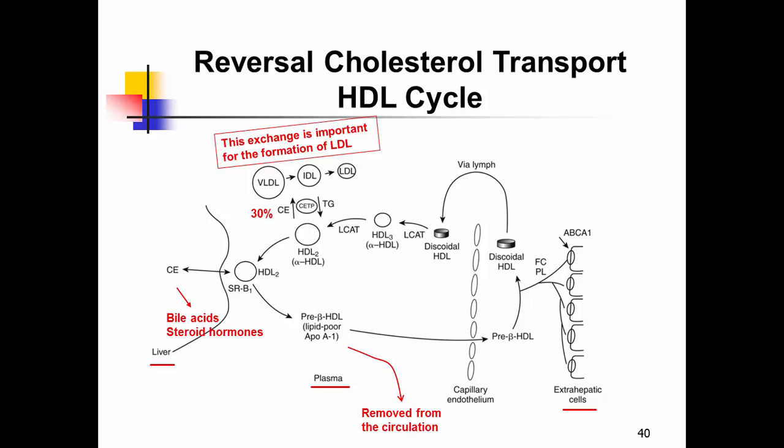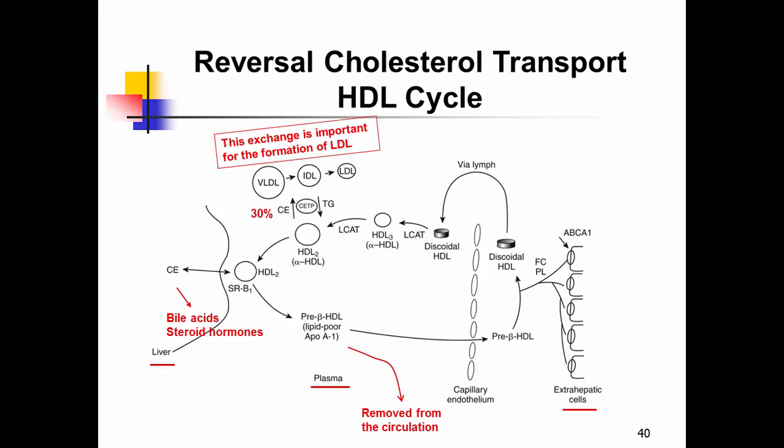Finally, the alpha HDL, which contains a lot of cholesterol esters and some triglyceride, is picked up by the liver, mediated by these receptors. The cholesterol esters are utilized for the synthesis of bile acid, which is excreted, or can also be utilized for synthesis of steroid hormones in the liver.